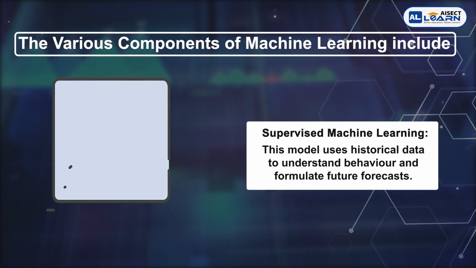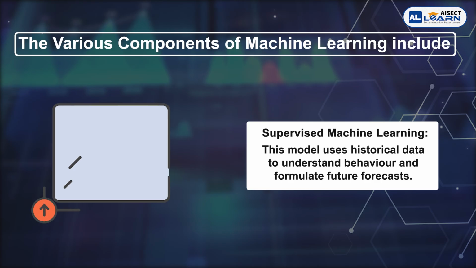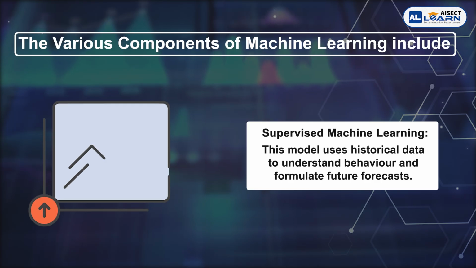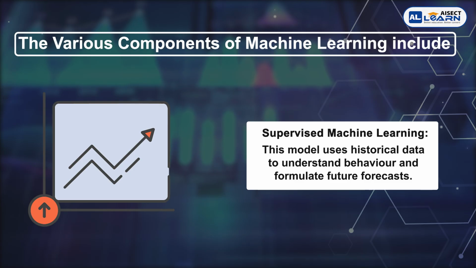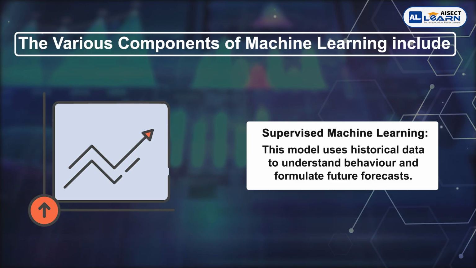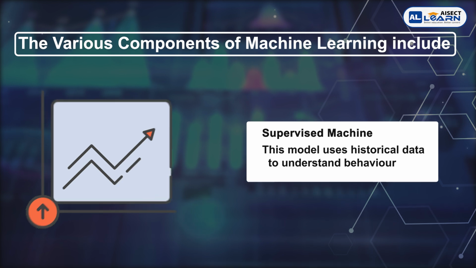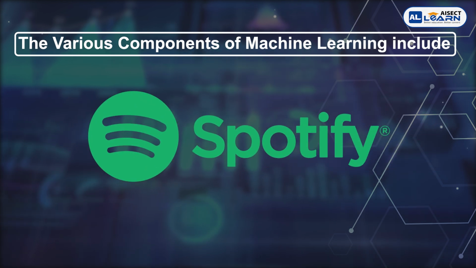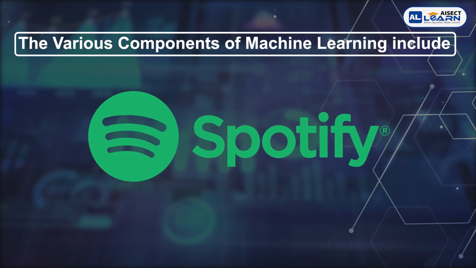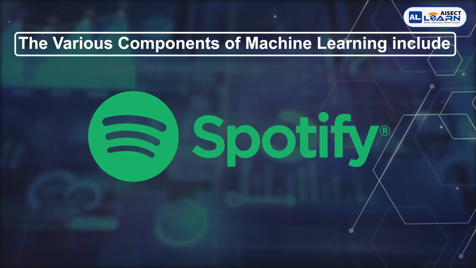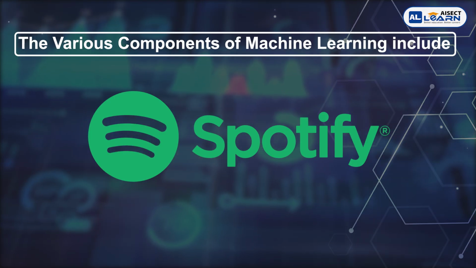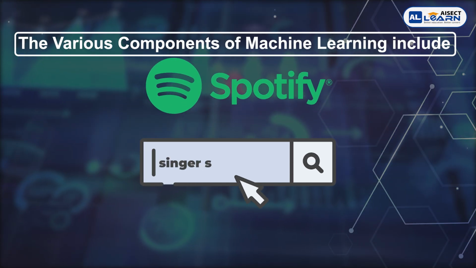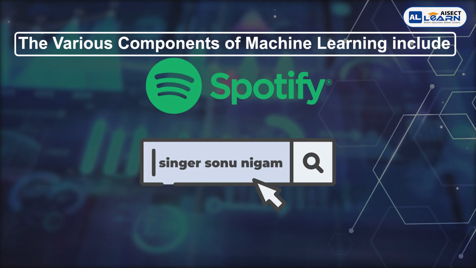And unsupervised means we are giving the data, but without labels. The output we don't know, so we need to predict the trends. A simple example is Spotify, where I just want to know the patterns: which users are listening to more songs from which singer.